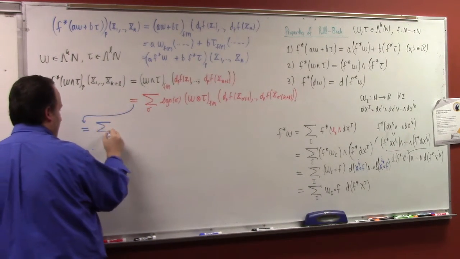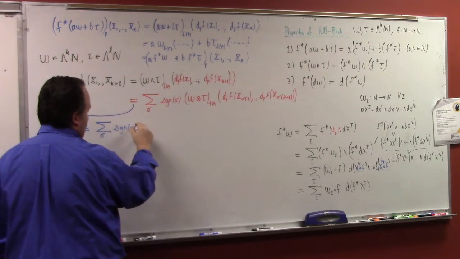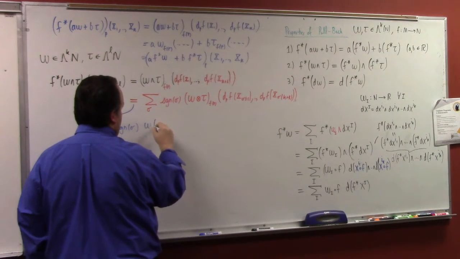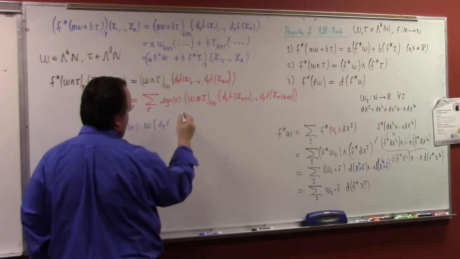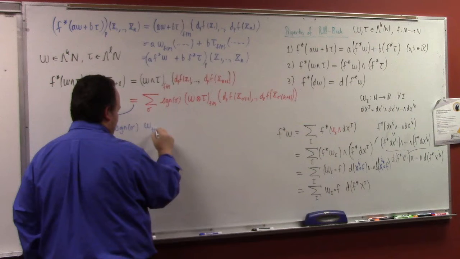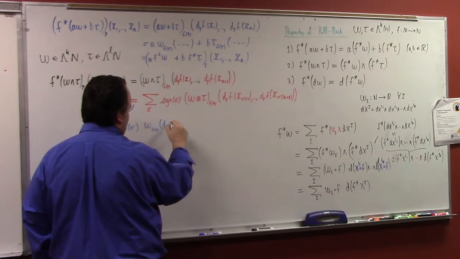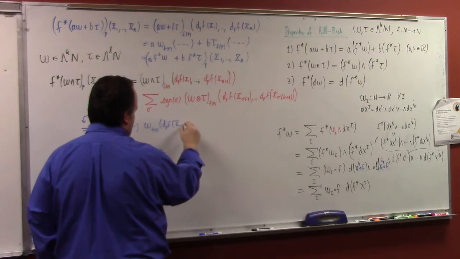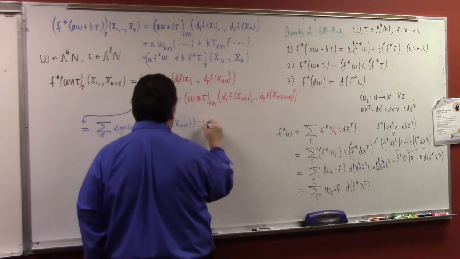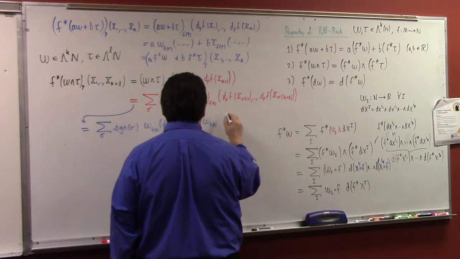The sum over permutations, sign sigma, and then we've got omega at f of p, dpf of x sigma 1, omega at f of p. Oh, I'm a dummy.